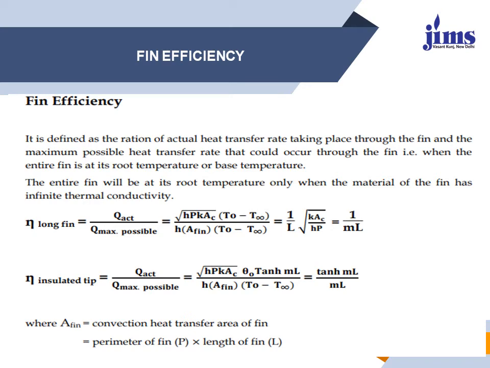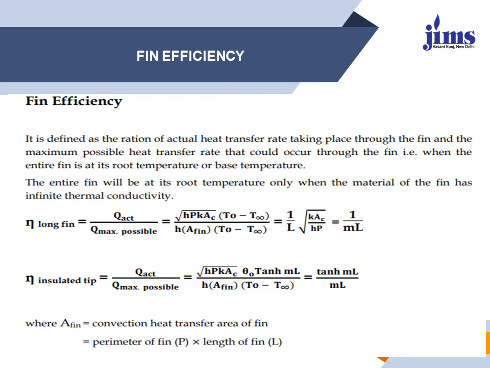And in the second case, when a fin has an insulated tip, eta insulated tip is equal to Q actual divided by Q maximum possible, and Q actual is equal to under root of hPkA_cs theta naught tanh(mL), divided by h into area of the fin multiplied by (T naught minus T infinite).